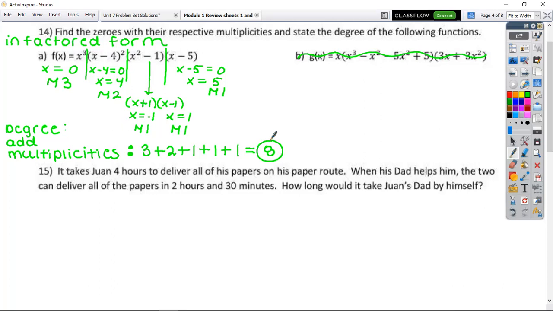Okay. Now, where I crossed off B, could you please write this instead? G of x equals, it'll be really short, 3x to the 4th plus 2x squared plus 10.